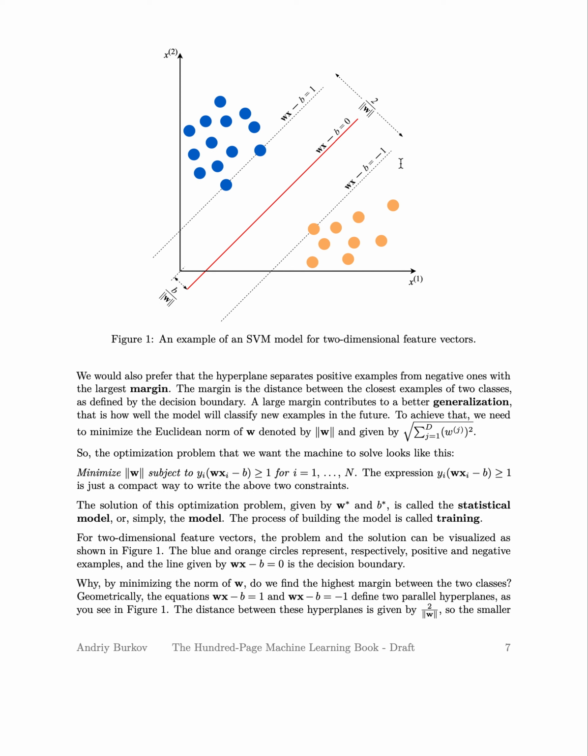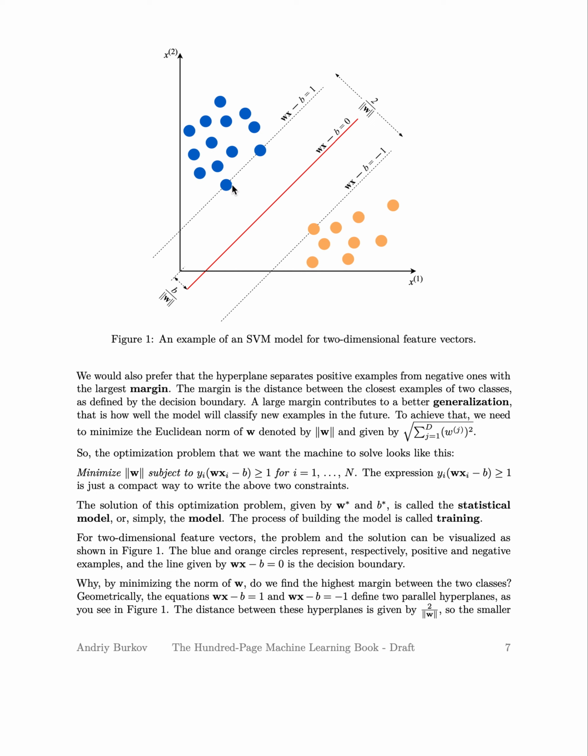But these are just the lines we are using to make our predictions. There is another line here which is our main decision boundary, wx minus b equals 0. So how did we get this decision boundary? We get the decision boundary by maximizing the distance between this line and the nearby data points.